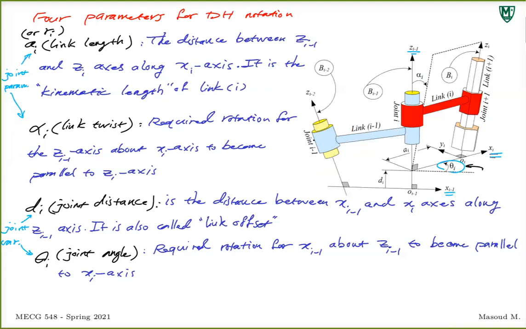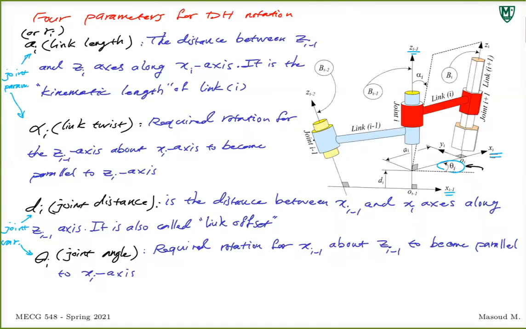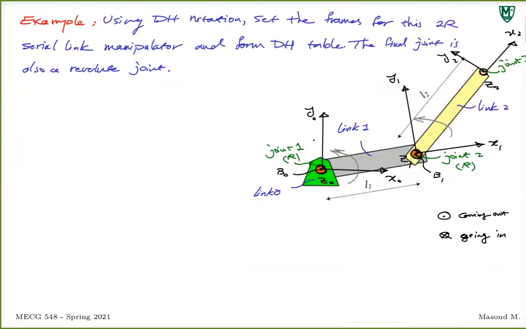Starting with i equal to 1, the distance between z0 and z1 along x1 would be your a1.